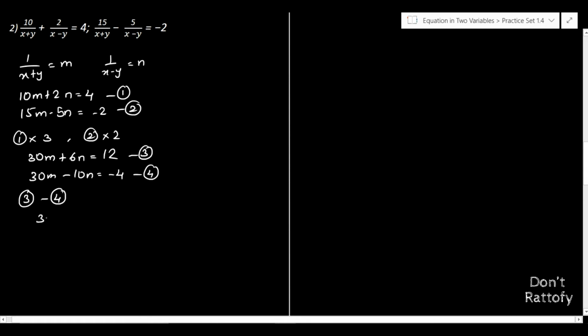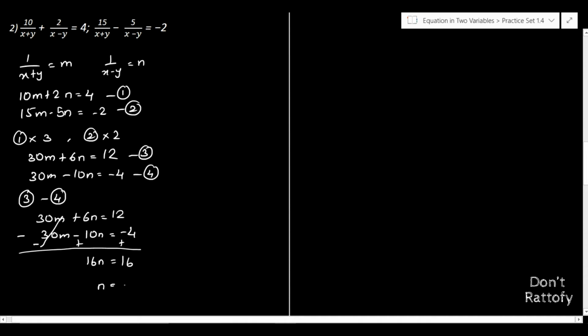So it will be 30m plus 6n is equal to 12, minus 30m minus 10n is equal to minus 4. As you can see, it is subtracting, so the signs will change. Negative will become positive and negative will become positive. So 30m minus 30m will be cancelled. 6n plus 10n is 16n is equal to 12 plus 4 is again 16.